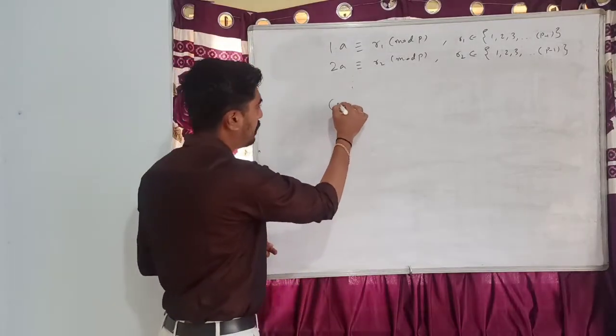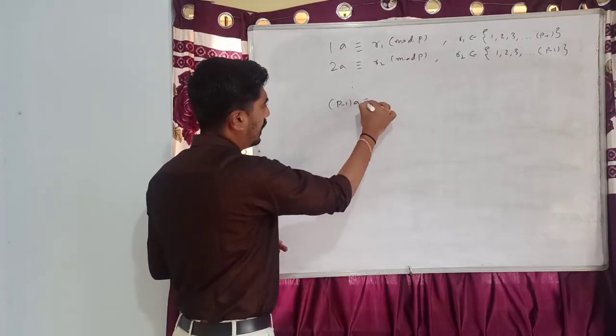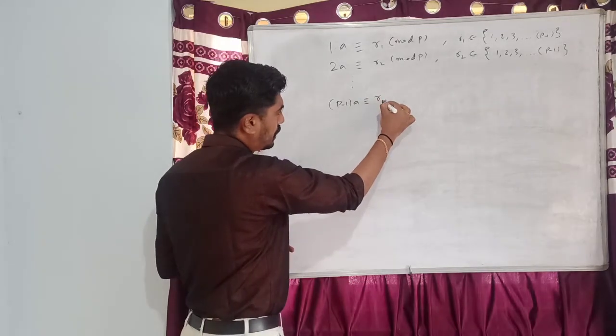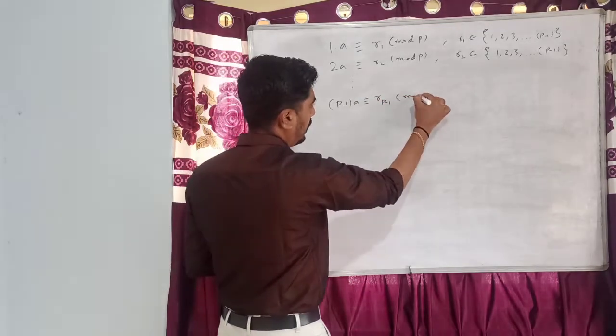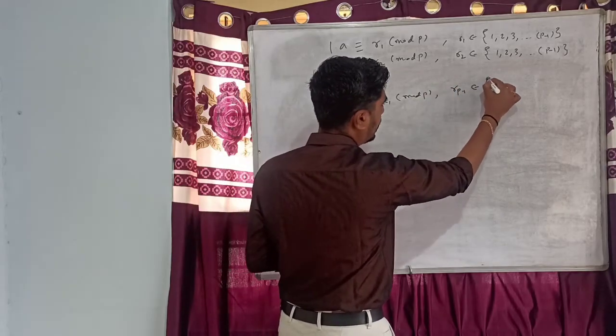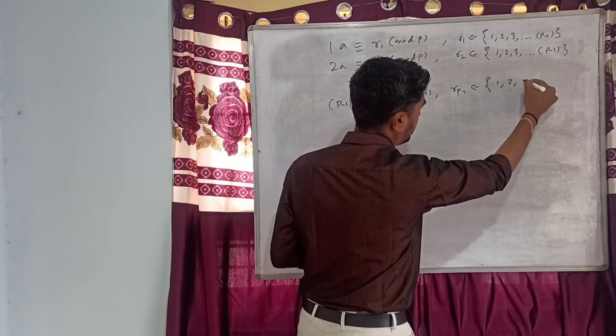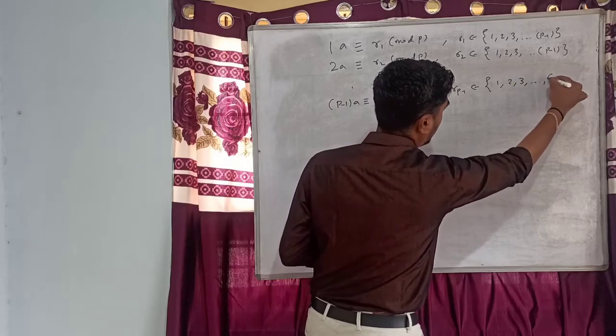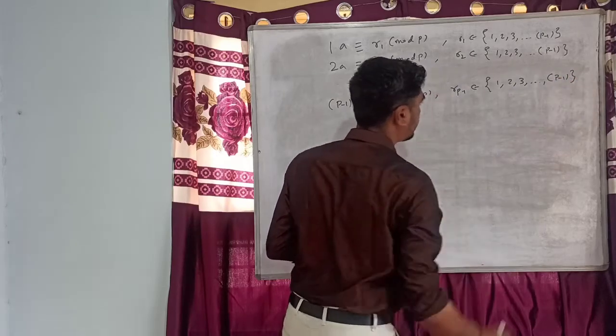And when I divide (P minus 1) times a by P, I get the remainder R(p minus 1), where R(p minus 1) is an element of the same set 1, 2, 3 up to P minus 1. Okay.